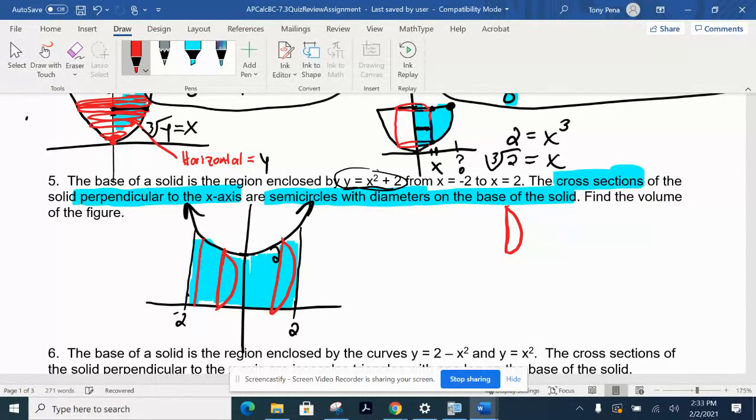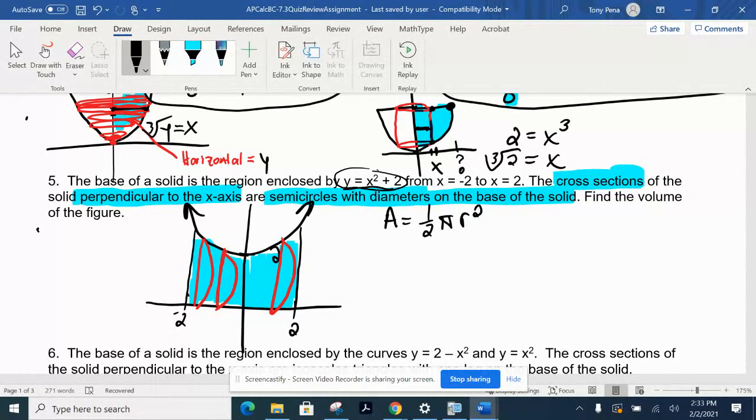Draw one more over here. So the back of it is flat. That's the diameter lining up on your paper. And then the front side is the curved circular part. The area of each one of those, if it was flat, since it's a semicircle, is 1/2 pi r squared.